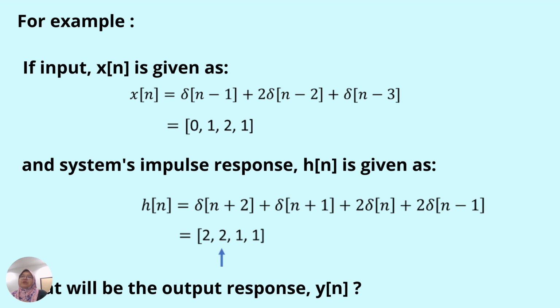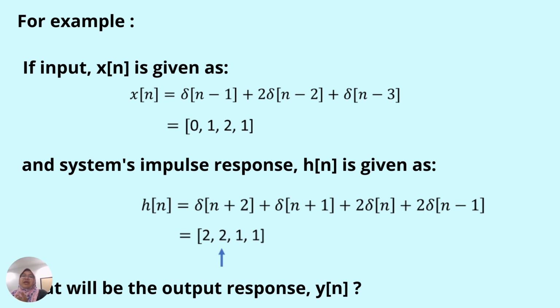Which can also be represented by the difference equation. Okay, the difference equation delta. Kalau kita tengok dekat sini, delta n minus 1, sebab delta n is 0, so kita tak tulis dalam equation. Okay, so that's why kita start with delta n minus 1 plus 2 delta n minus 2 plus delta n minus 3.